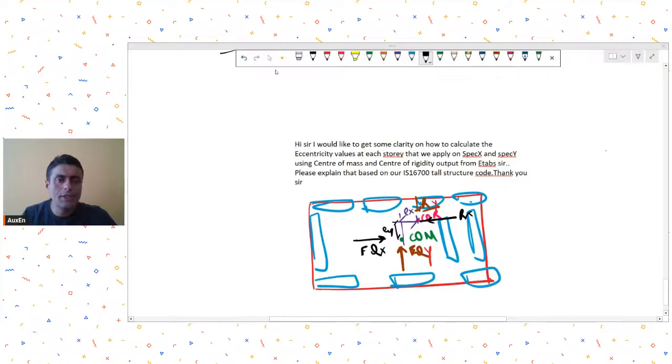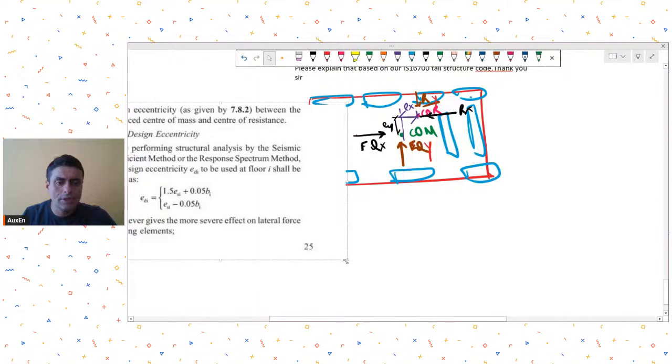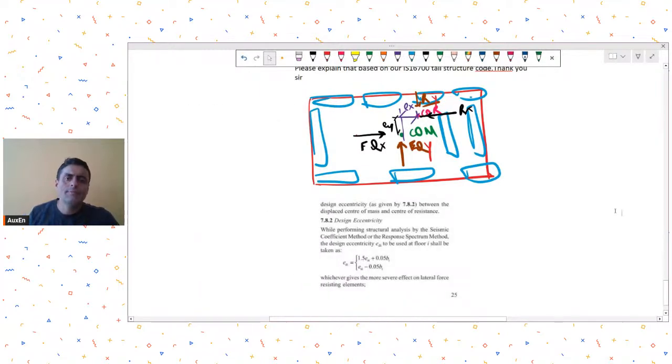The image that you had shared, that is the same image. This clause from the code is telling you the same thing, that you have to take into account the effects of eccentricity in your structure. So this ESI term is the static eccentricity.